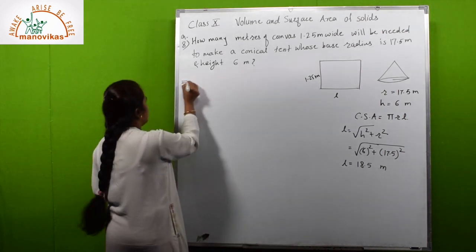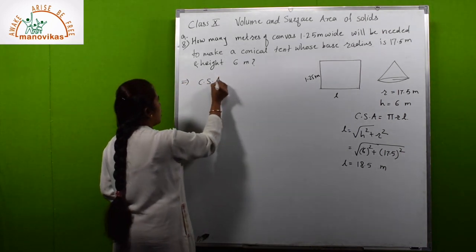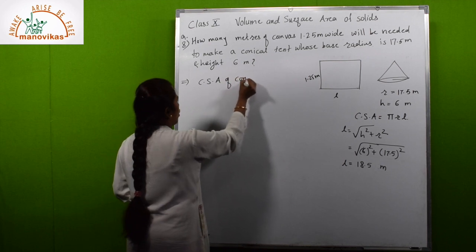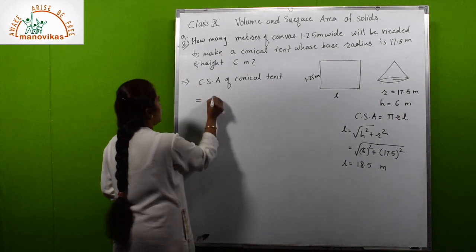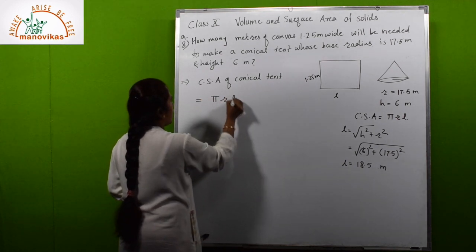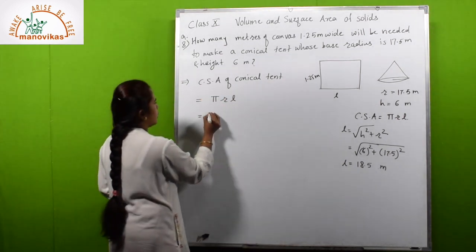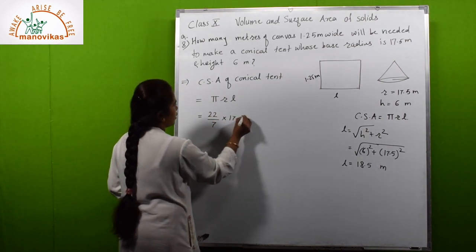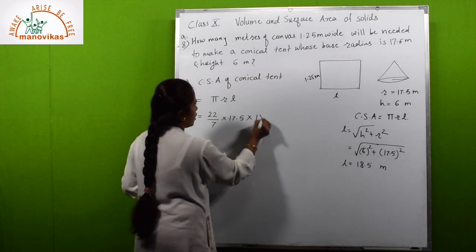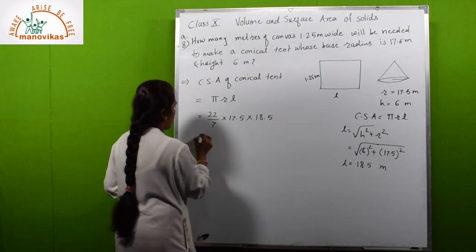So what will be the curved surface area of cone or conical tent? Will be equal to pi r L, which is equal to 22 by 7. R value is 17.5 into L is 18.5.